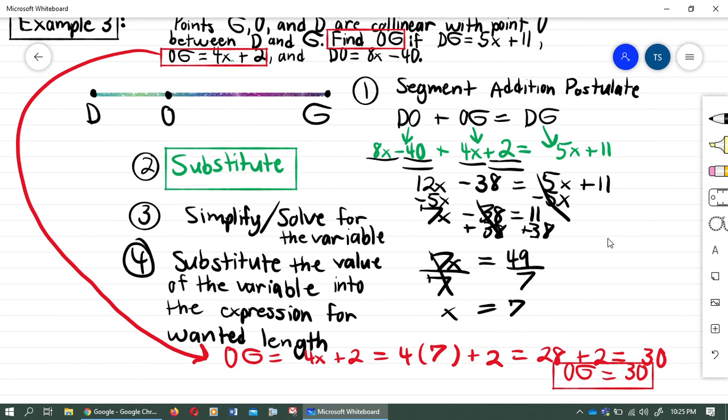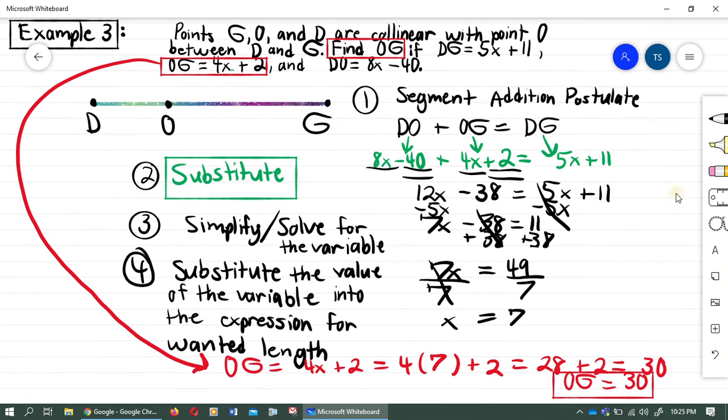Sometimes they'll ask you to find the length of all of them. So if you were asked to find the length of all 3 of those segments, then you wouldn't just plug in the value of x into one of them, but you would have to plug in the value of x into all 3 of those expressions. But anyway, guys, that's all I got for you. This is the last example where we were given variable expressions instead of just numeric expressions.